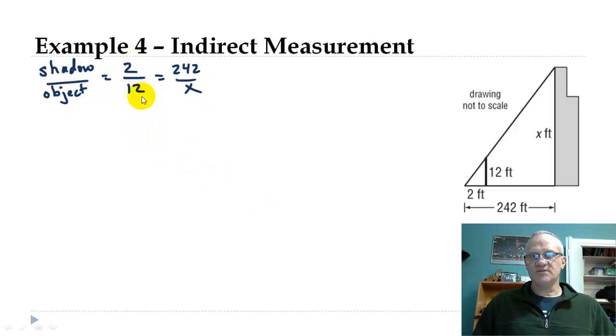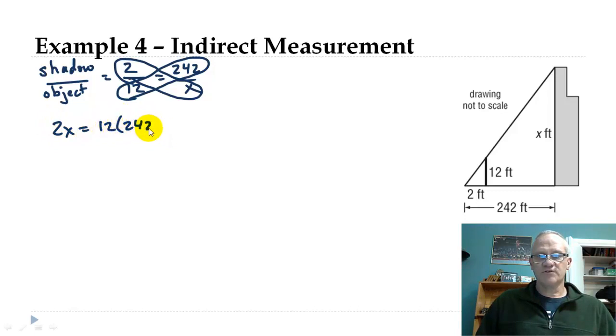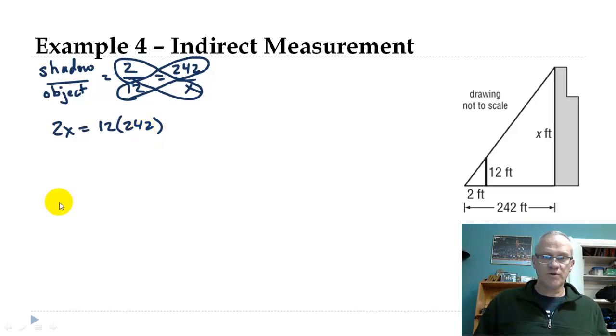You could simplify this 2 over 12 if you wanted to first, or just go ahead and multiply it. We'll just go ahead and multiply it in this case. So that means you have 2x equals 12 times 242. And so 12 times 242 would be 2904.